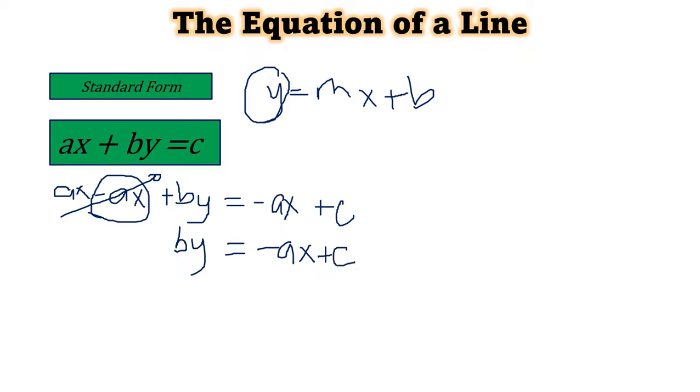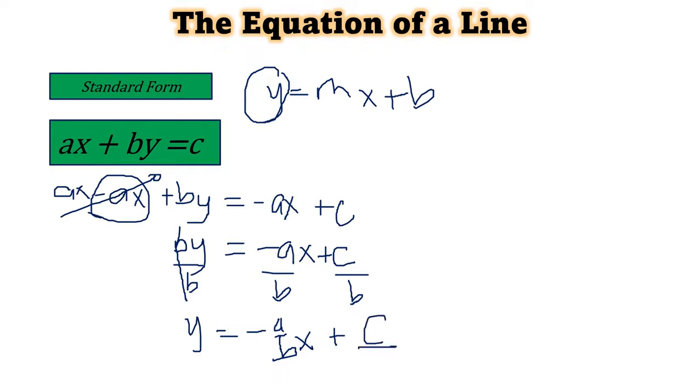Still, the coefficient of y is not yet 1. So to make the coefficient of y 1, we divide the whole equation by b. And so we have by divided by b equals y, equals negative ax over b, plus c over b.